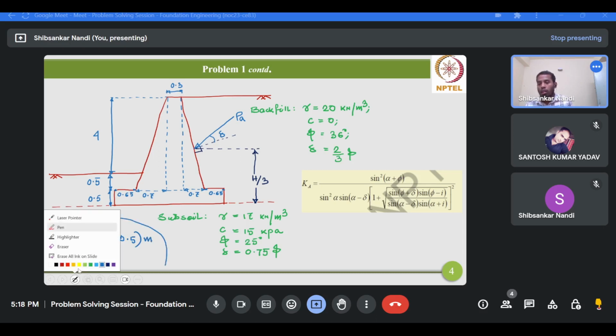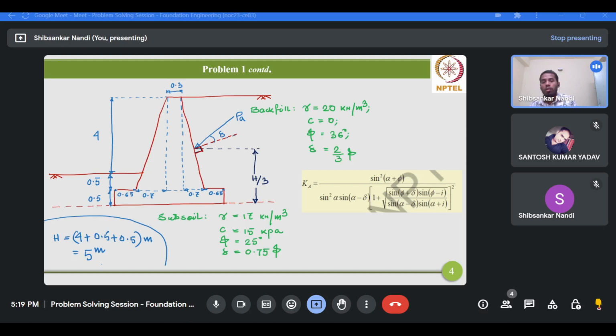So the resultant active earth pressure will basically act at a height of h by 3 from the base of the wall, but it will act at an inclination of delta with the perpendicular to the wall back face. So this is the wall back face, and this is the perpendicular, and your resultant active earth pressure will act at an angle of delta with this perpendicular to the wall back face.